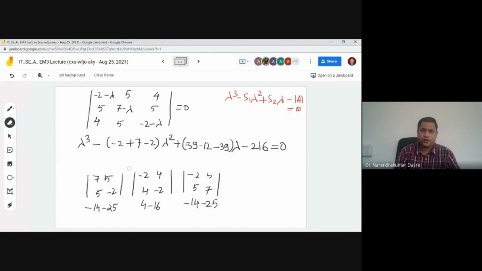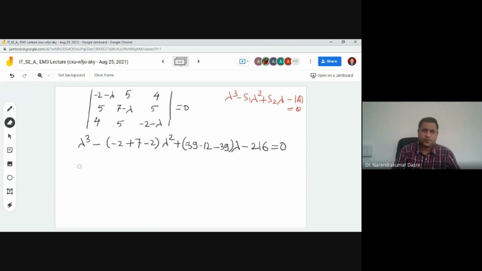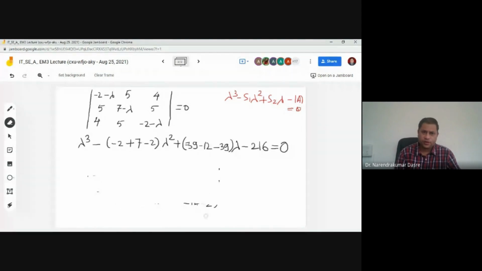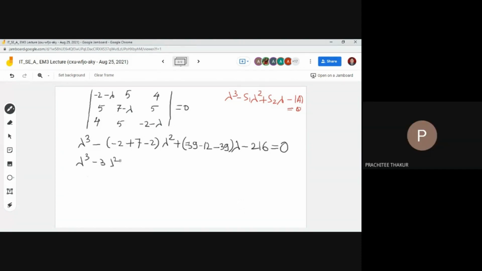So this way we are able to get the characteristic equation. Let us simplify this. What is the sum? We have minus 2 plus 7 minus 2, so it is lambda cube minus 3 lambda square.